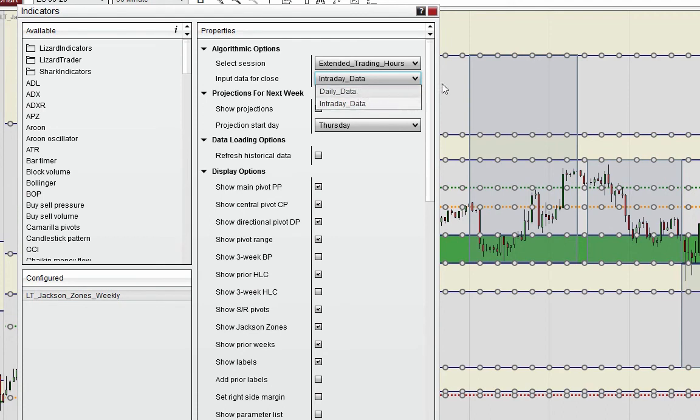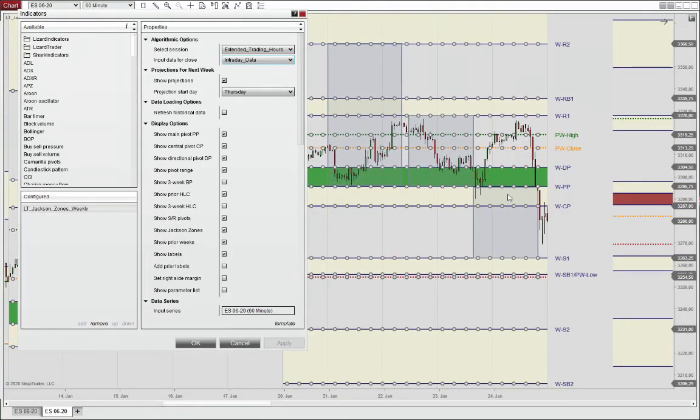And yeah, I recommend using just intraday data. The difference is not significant between the settlement price and the intraday data for most cases. So that will give you the correct pivot levels. Here we have the projection start, which we see here.